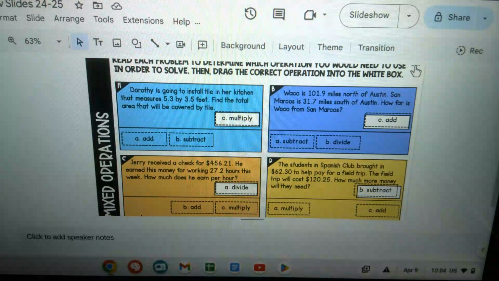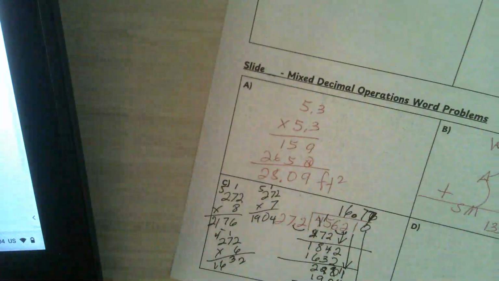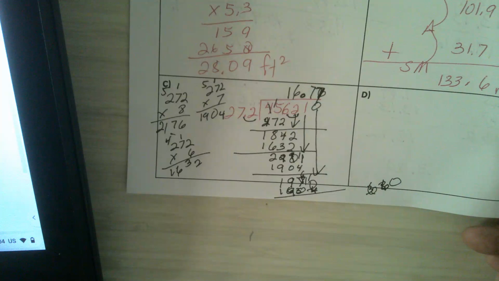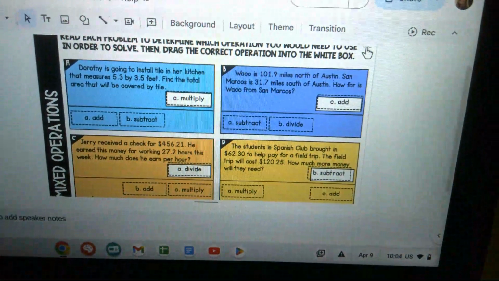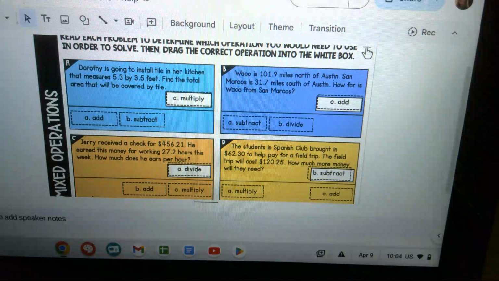Letter C. How much does he earn per hour? You're going to divide. And if you had to show your work for that one, you would get $16.77 for that problem. And then in letter D, the students in Spanish club brought in $62.30 to help pay for a field trip.